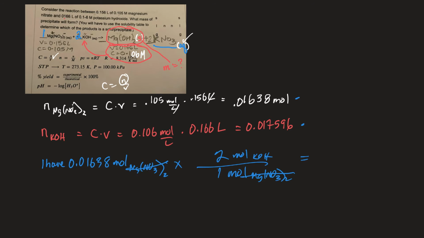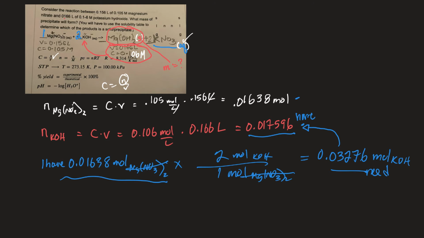So that gives me 0.03276 moles of potassium hydroxide. And that's how much I would need to use up all of this magnesium nitrate. But when I compare it to what I have, this is less than this. Therefore, the potassium hydroxide is the limiting reactant. So it's this one that I want to use.